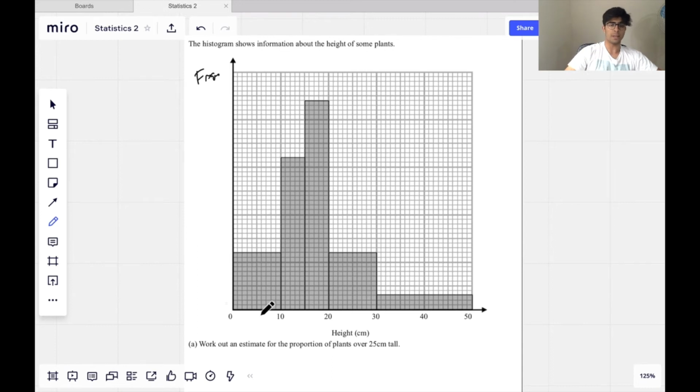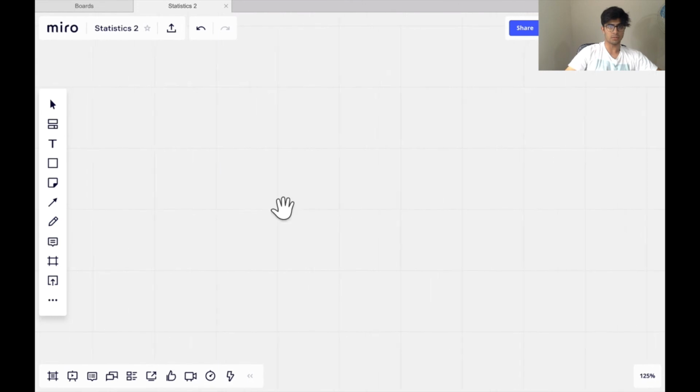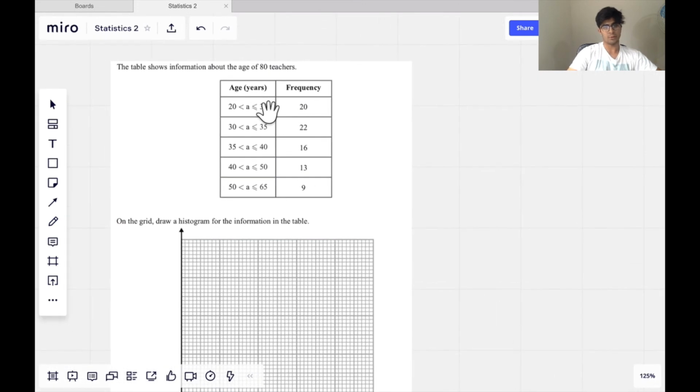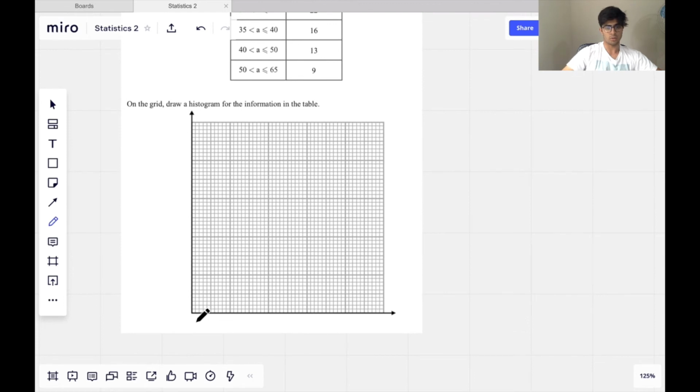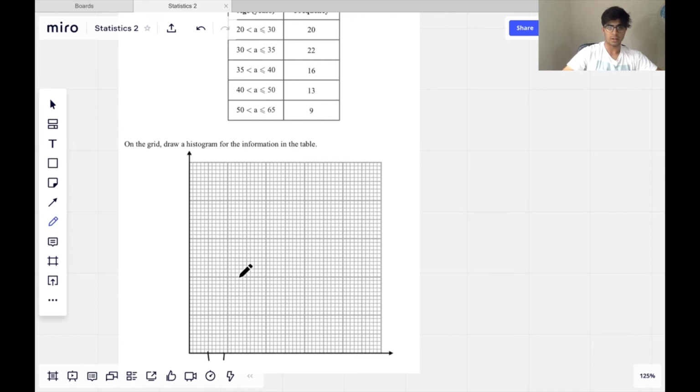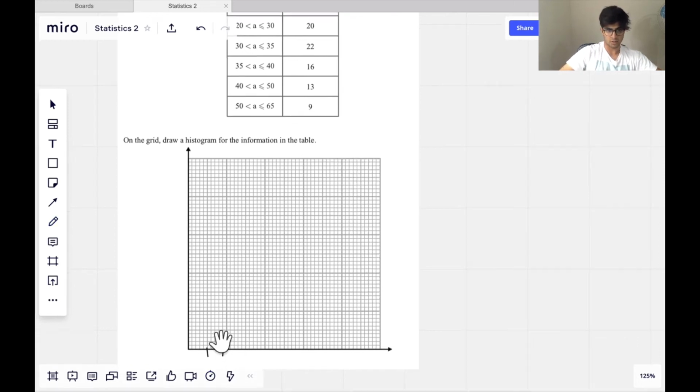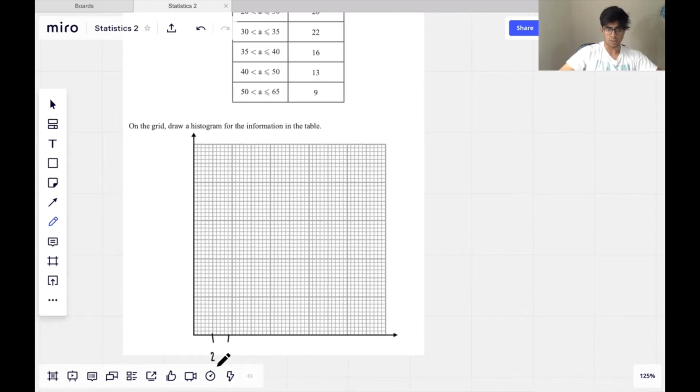Here you've got grouped data, and in these frequency tables you have differing sizes of groups. If you were to plot, say, 20 to 35 as a box in a bar chart, you'd say this is the category 20 to 30, and this is the category 30 to 35, which are clearly different things.